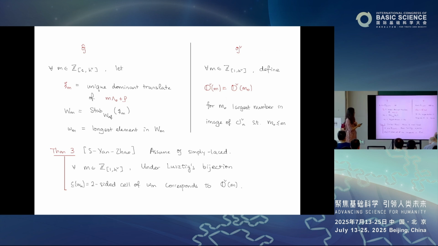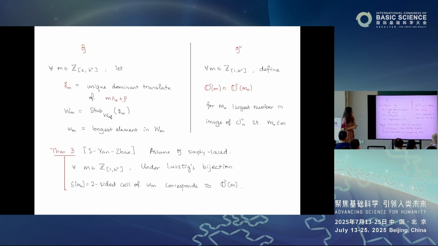The third thing we prove is that, assuming G is simply laced, for any m under Lusztig's bijection, the two-sided cell of this particular element is the two-sided cell corresponding to the nilpotent orbit defined in this way.